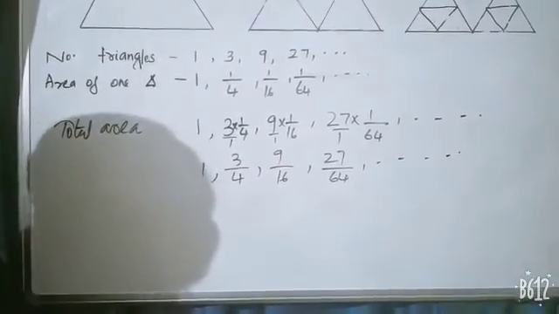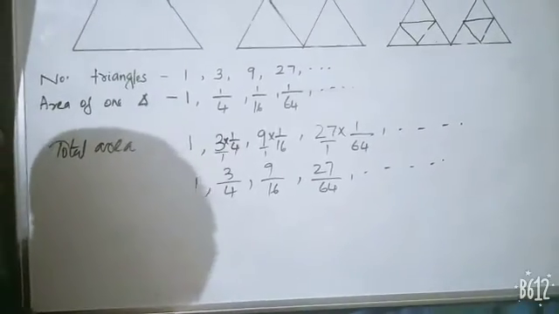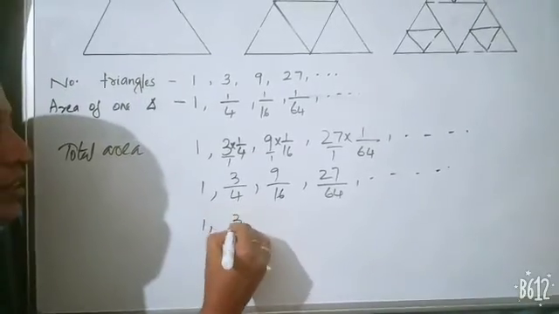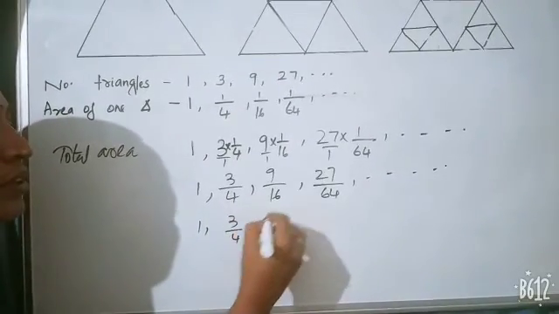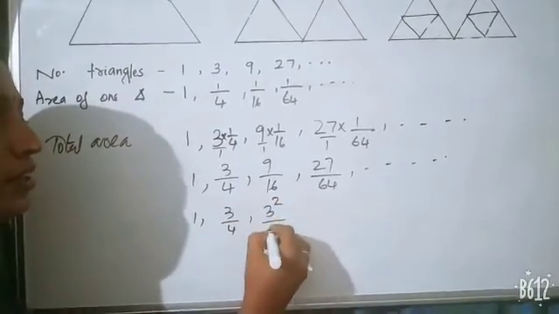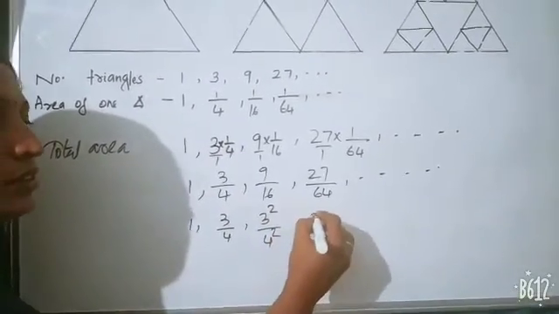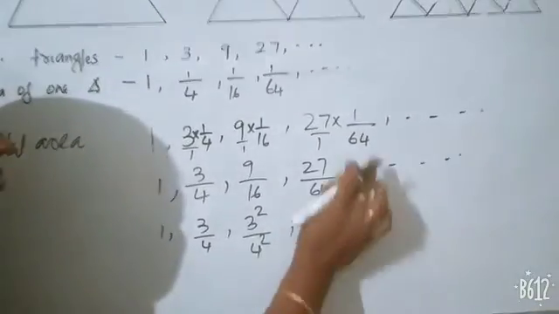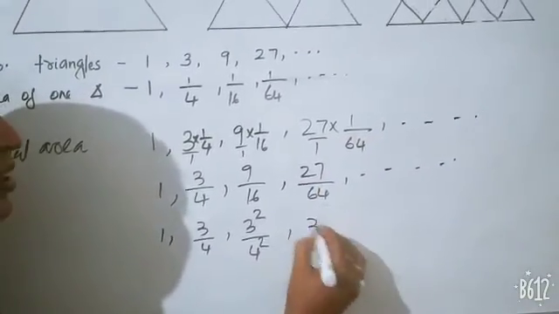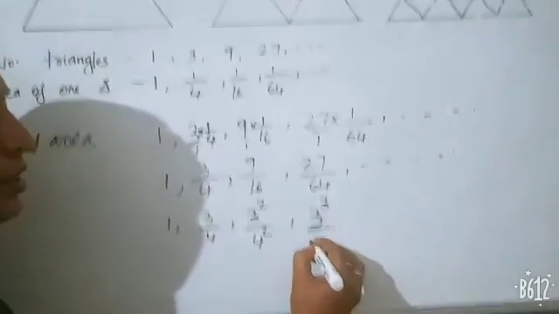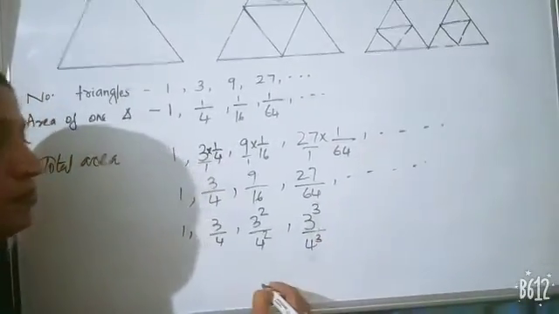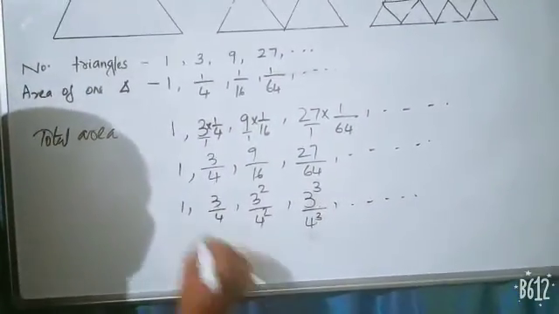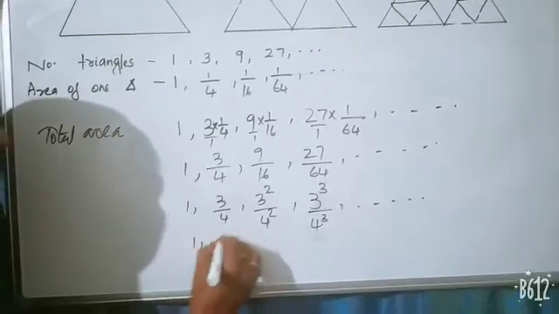Let us write the algebraic expression of this sequence. You can write this one as 1, 3 by 4, 3 square by 4 square, 3 cube by 4 cube, etc. We can rewrite this as 1, 3 by 4.